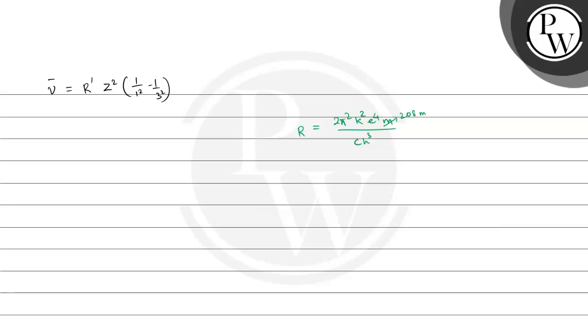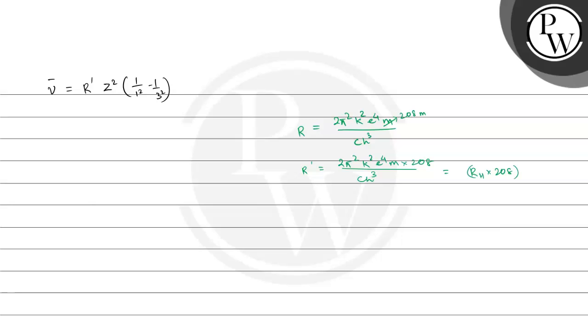So R dash will be 2 pi square k square e to the power 4 multiplied by m multiplied by 208 divided by c h cube. So this is equal to R_H multiplied by 208.